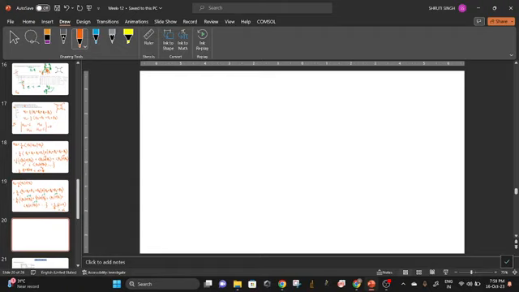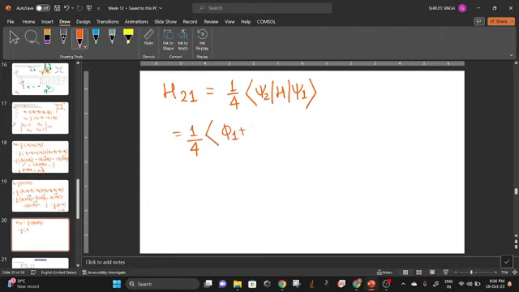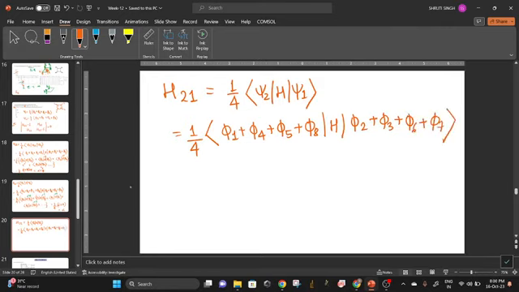Similarly, when we do H21, this will be beta. H21 will be 1 over 4 psi 2 H psi 1. Now we have seen psi 2 is equal to phi 1 plus phi 4 plus phi 5 plus phi 8, and psi 1 is equal to phi 2 plus phi 3 plus phi 6 plus phi 7.